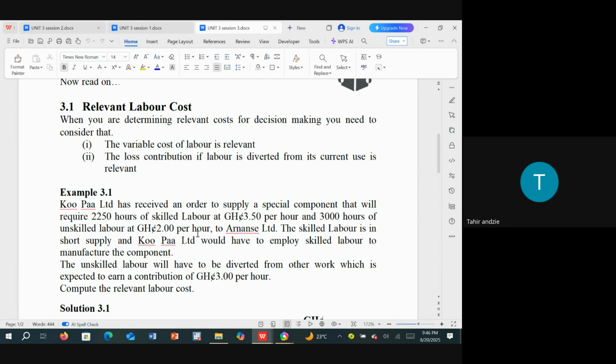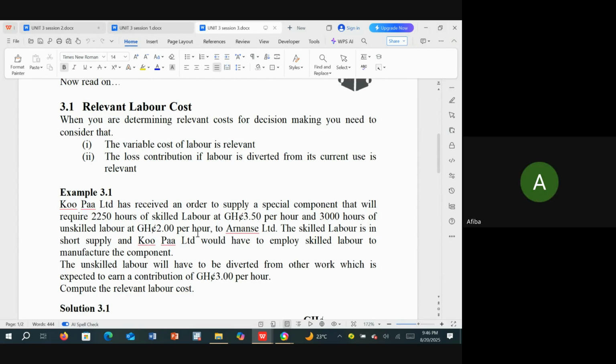What of the unskilled labor? What will be the relevant cost for the unskilled labor? We are supposed to multiply the 3,000 hours by the 3. Why?